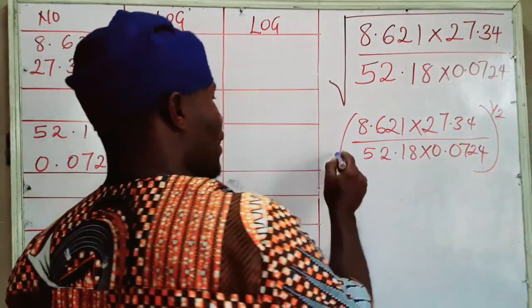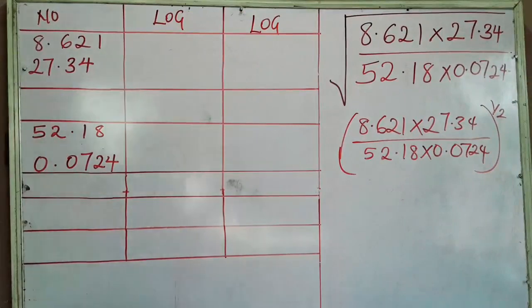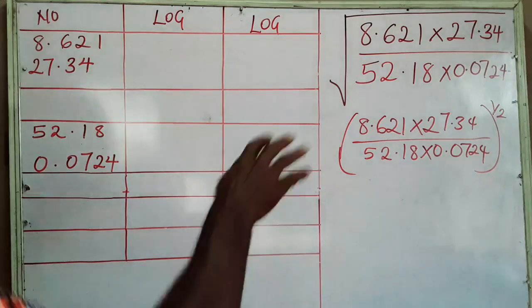So we are going to use this half somewhere. The square root, when you rewrite it in power form, is raised to power half. We are going to explain how to use this later.